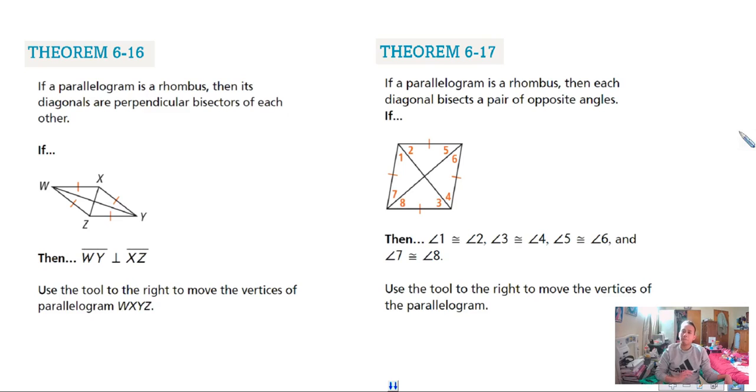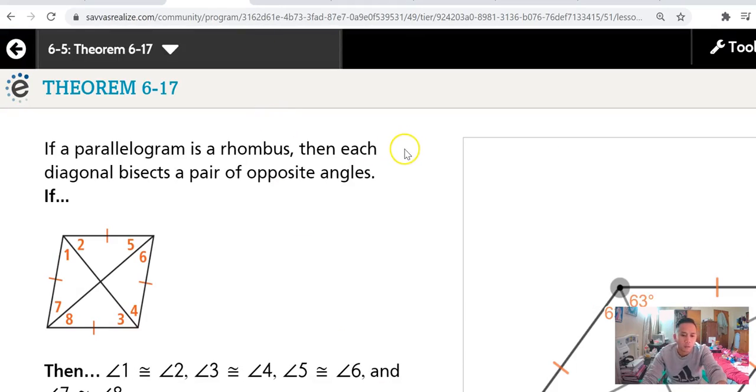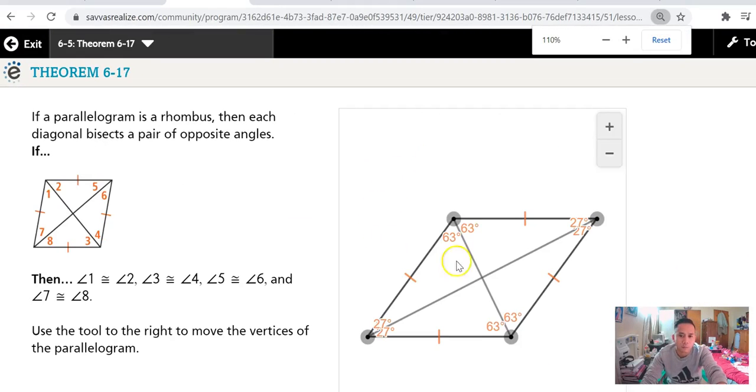If you look at the measurement of the rhombus here, if this angle is 63 degrees, then this one is also 63 degrees. So the diagonal bisects the angle at the vertex.